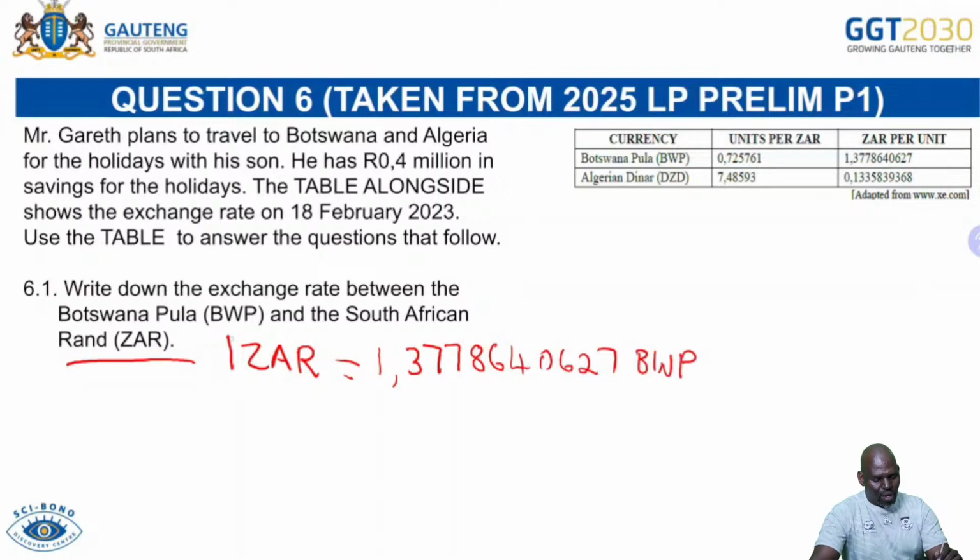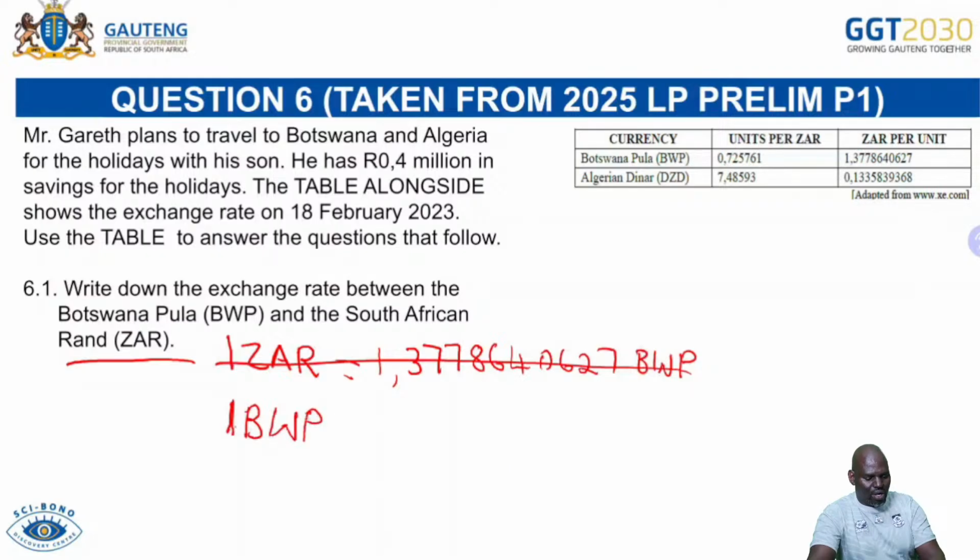Actually, it must be the other way around. It must be 1 Botswana Pula equals 1.377864 0627 of South African rand.